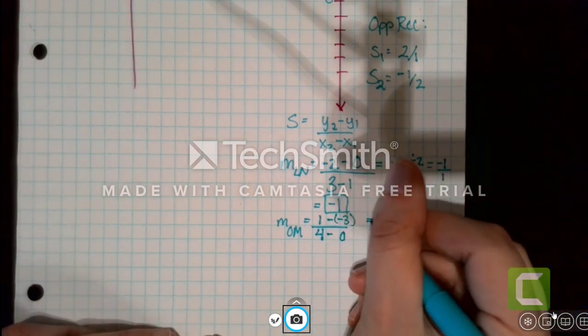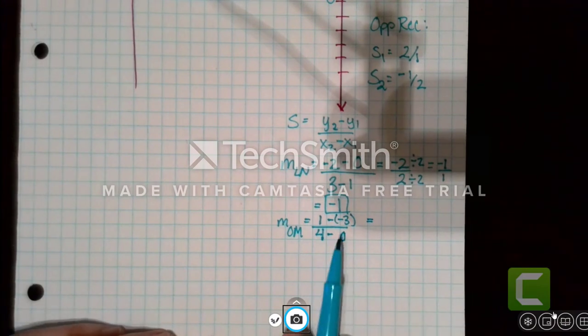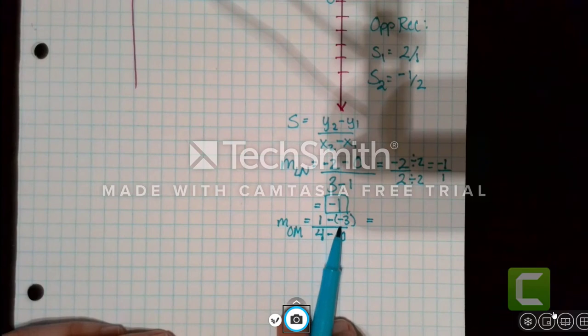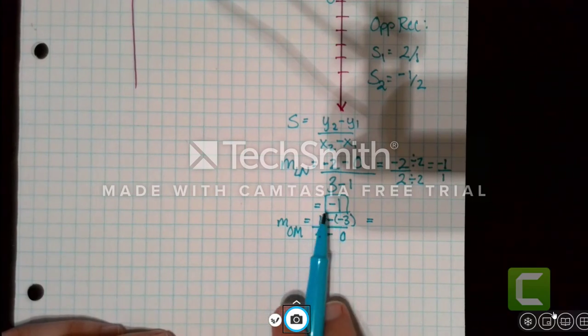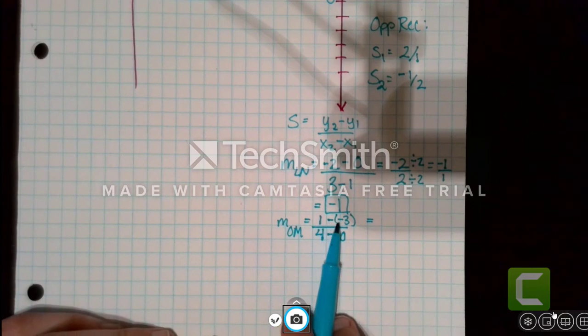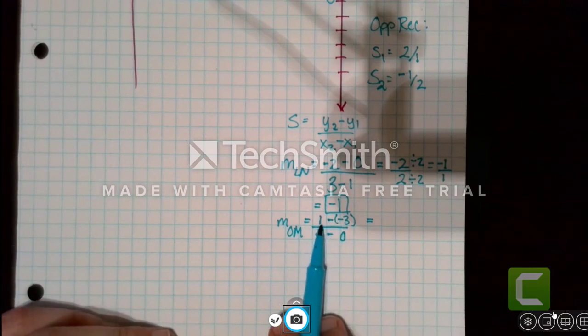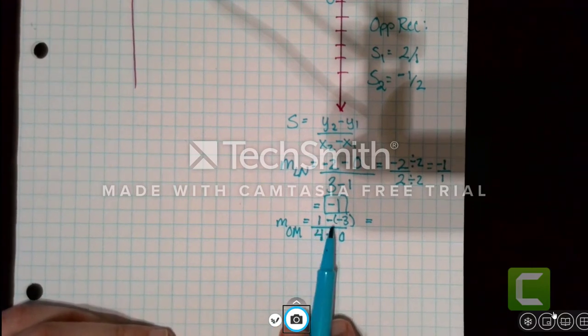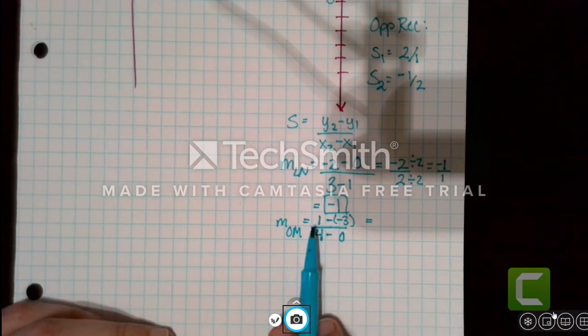Now pay attention here. Even though my y-coordinate for O is negative 3, I still wrote it in next to my negative. The subtraction sign doesn't take the place of your negative. What it does instead is that you have to place it next to it, because what this is telling me is I'm subtracting negative 3 from 1.